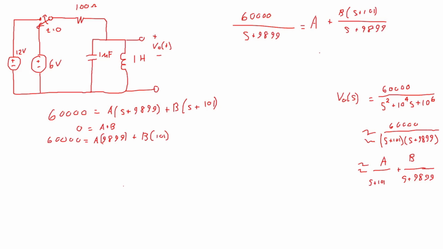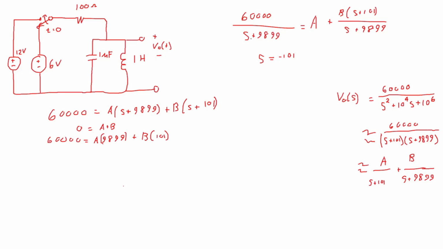But now, if I plug in s equals negative 101, s plus 101 becomes 0 times b over 9798. The numerator is 0, so b vanishes.